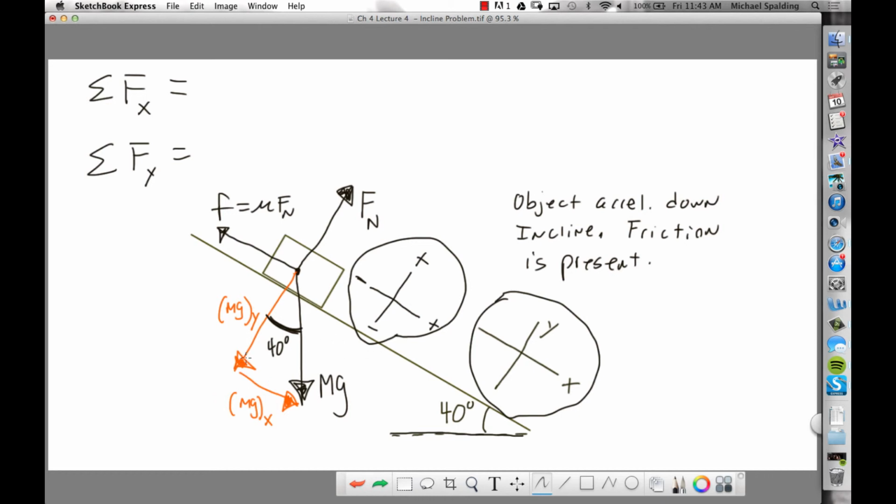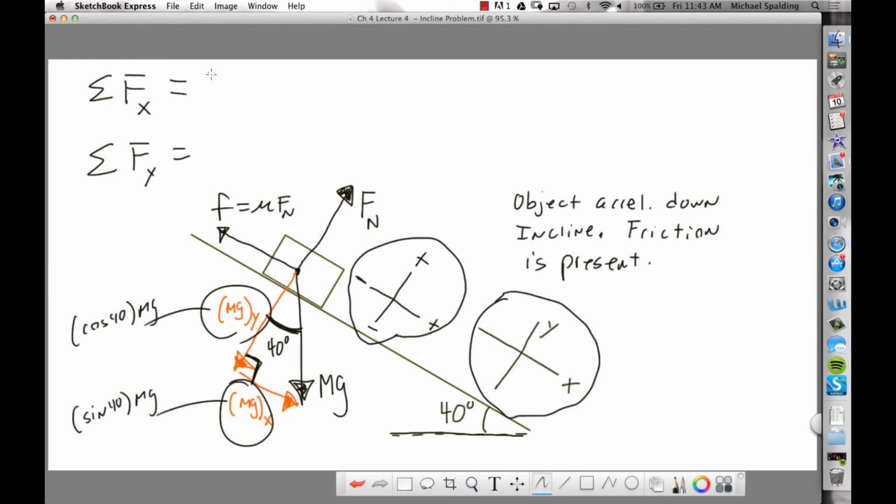So look, notice we have a 90 degree right here. That's a 90-degree triangle. What's the hypotenuse of this triangle? mg. So what would mgx be? mgx is going to be sine 40 mg. What's mgy going to be? Cosine 40 mg. It's just trig. All of that is trig.